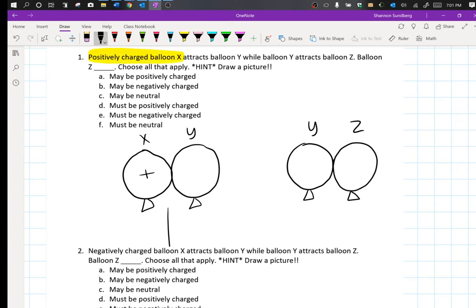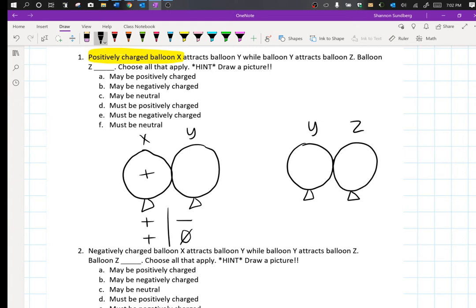So if balloon X is positive and it's attracting balloon Y, Y could be negative. But we can't forget Y could also be neutral. So there are 2 options here. If X is positive, Y could be negative because a positive and negative attract. And Y could also be neutral because remember, charged particles and neutral particles attract.